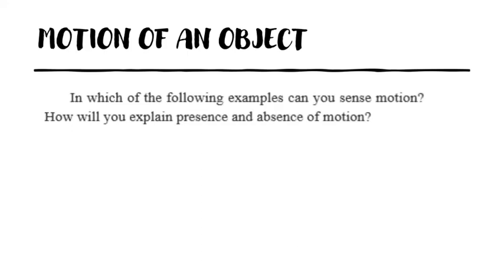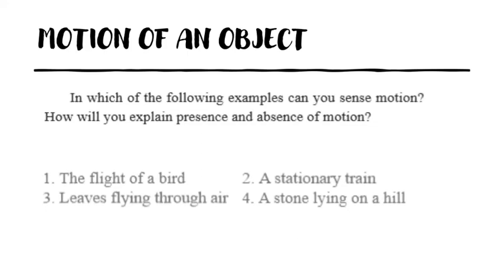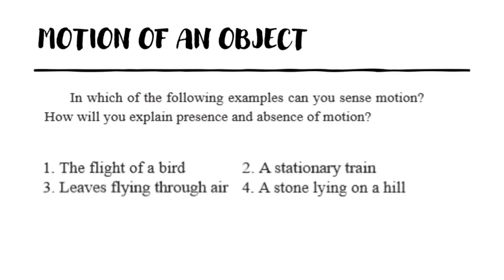Here are a few examples and we need to find whether there is motion or not. Examples are the flight of a bird, a stationary train, leaves flying through air, a stone lying on a hill. Now, if the body changes its position with respect to its surrounding, then we say that it is in motion.